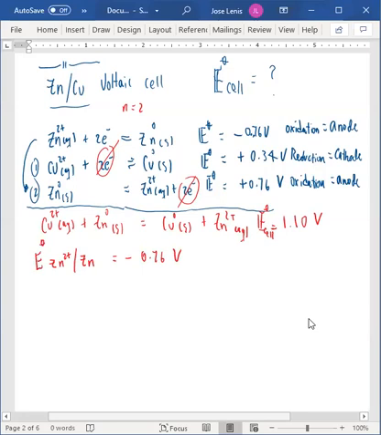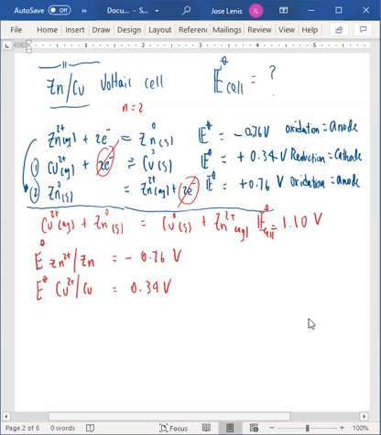For the second half reaction, you say the potential for the reduction of copper 2+ to copper is 0.34 volts. That's how you get it from the table.